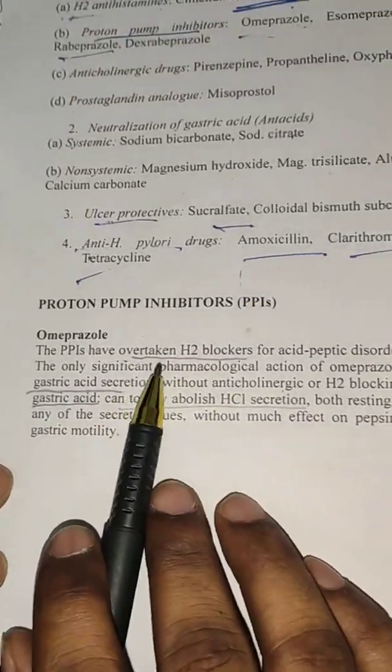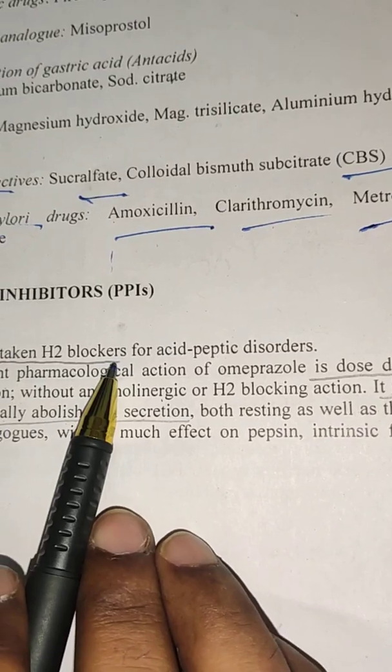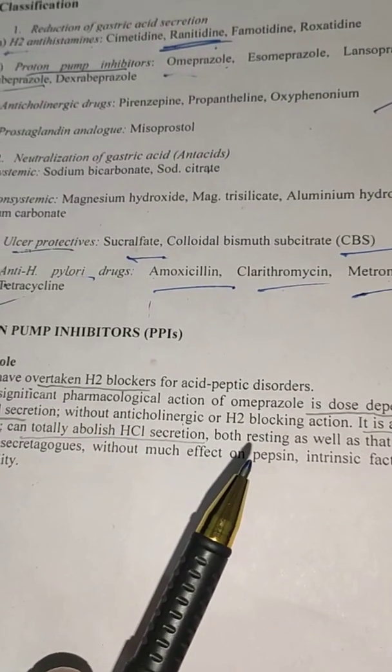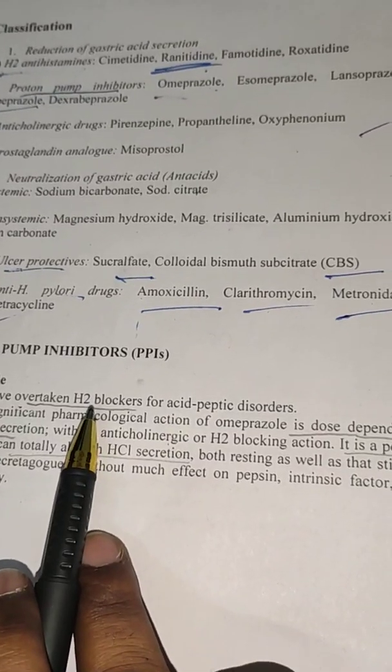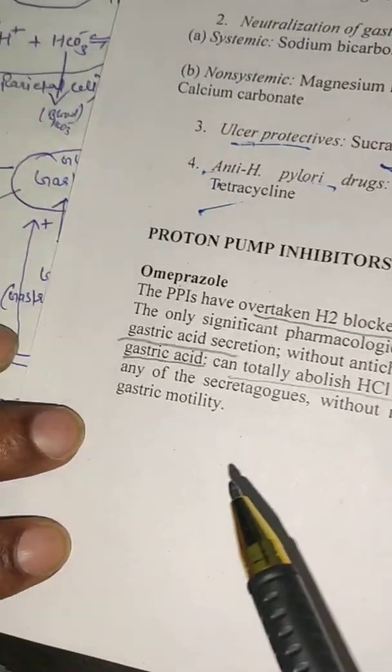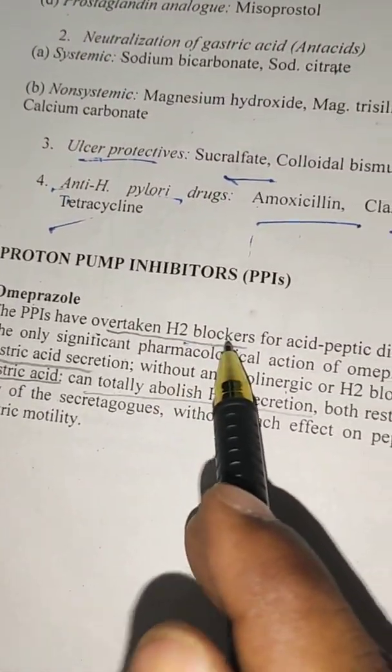The PPIs have overtaken H2 blockers for peptic acid disorders. Previously we were using H2 blockers, but when proton pump inhibitors came onto the market, they replaced H2 blockers.